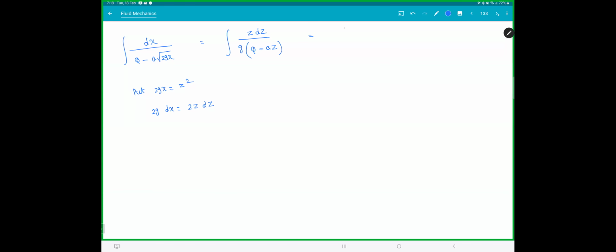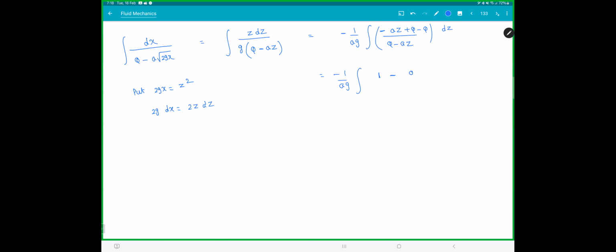Then you write this thing as z can be written as multiply and divide by A, minus 1 by Ag, this will be Az dz by Q minus Az. Here also now multiply minus Q and plus Q. So this is a method they will teach you in maths. This is minus 1 by Ag integral, so that Q minus Az will cancel.